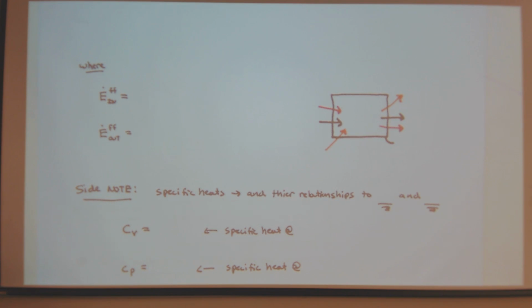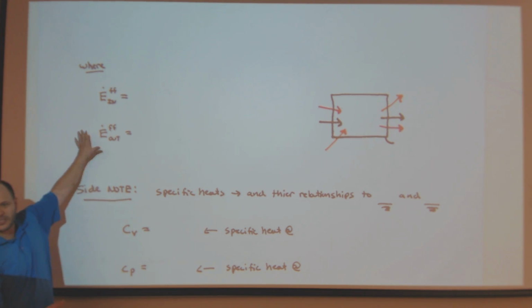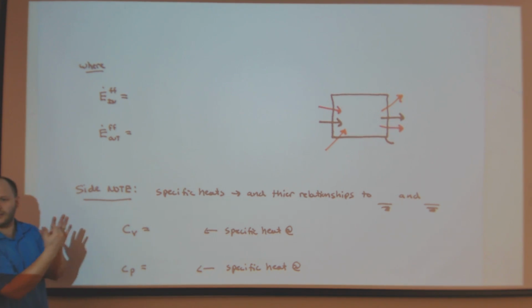To solve problems in this class, in the book, you can take all the expressions related to a flowing fluid and reduce them down to m dot times h plus 1/2 v squared plus gz. You could immediately go to that expression and solve 90% of the problems in the back of the book. But when you leave, it's not going to be like that. So I'm trying to emphasize that you think about the control volume crossing.